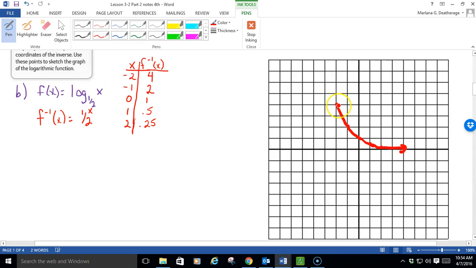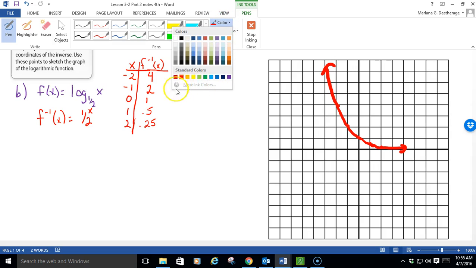I figured out I'd do a little bit better with this if I don't try to go too far at one time. Okay, so that is an exponential decay, isn't it? Alright, back to the purple.